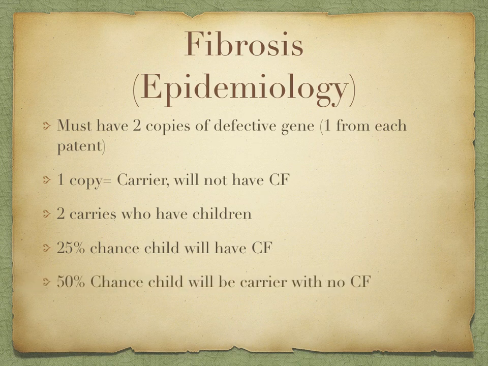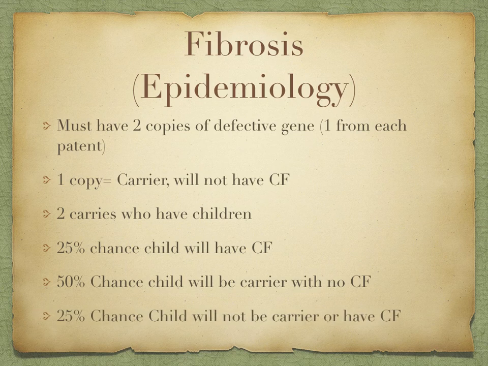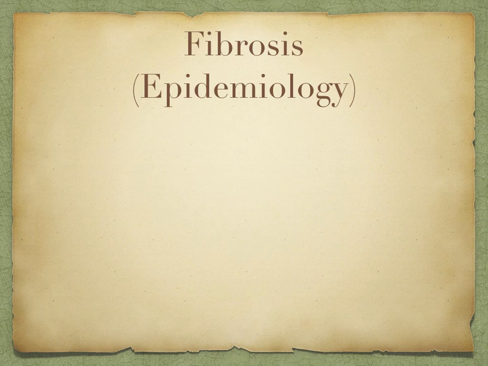There's a 50% chance the child would be a carrier with no cystic fibrosis. And there is a 25% chance that the child will not be a carrier or have cystic fibrosis. So those are pretty good odds, right? 25% isn't great, but it's not like a 75% chance that they're going to have cystic fibrosis.